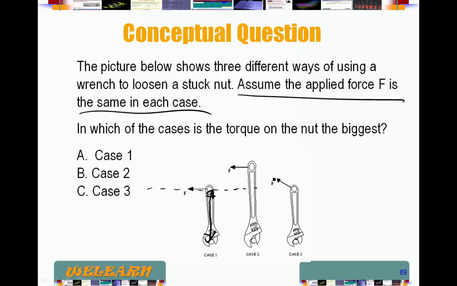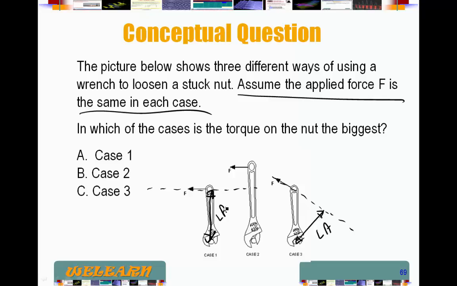In case 3, the line of action of my force is like this. That means my lever arm is this much. If we compare both lever arms, I hope it is obvious that the lever arm in case 1 is larger than the lever arm in case 3. So case 3 is not one of the answers.